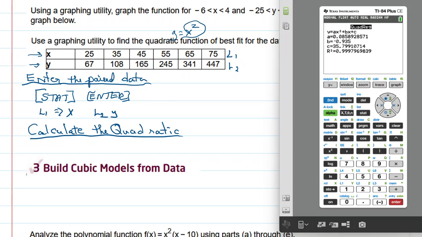But for those of you that love technology, I have the way to paste it on there, on the sheet. But for expediency, we know that y is equal to 0.86, sorry, x squared minus 0.935x plus 35.799.